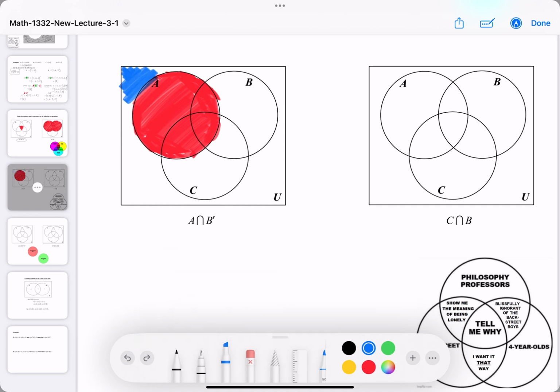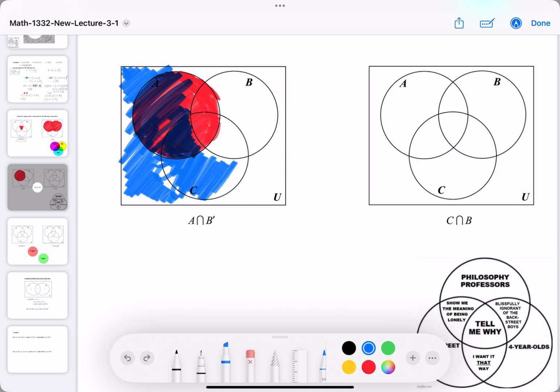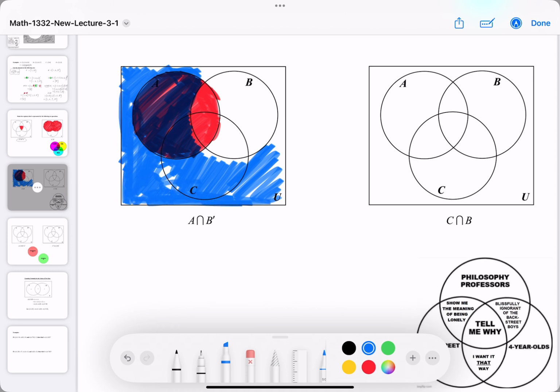So not B is the area... Oh, not B. So shade all of the area but B. It's so difficult. So from the next question, I'm going to make it simple. All right, I shade B prime.